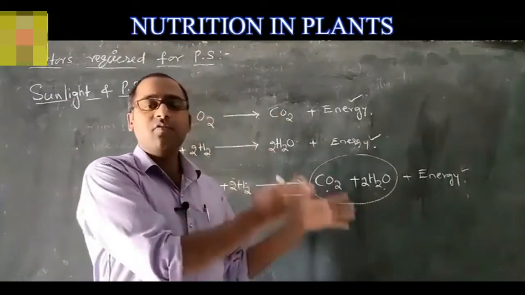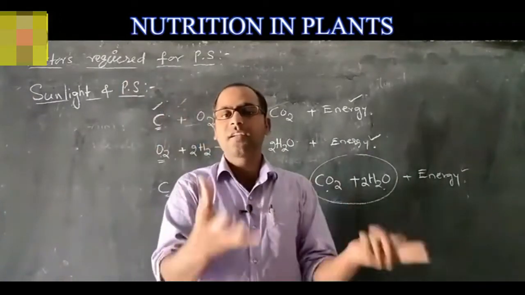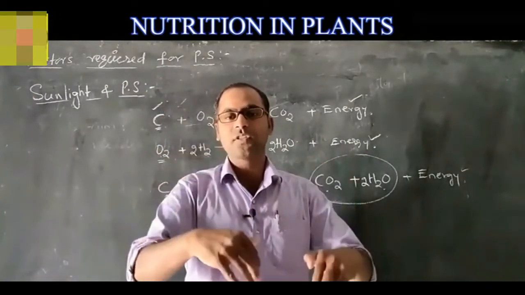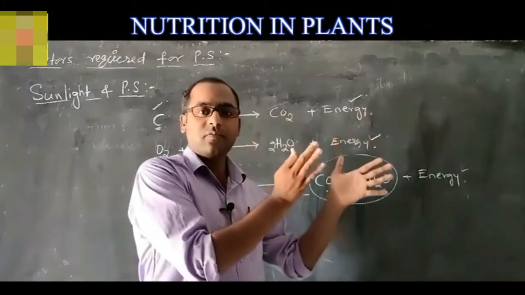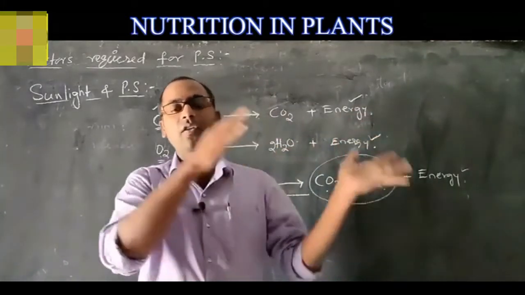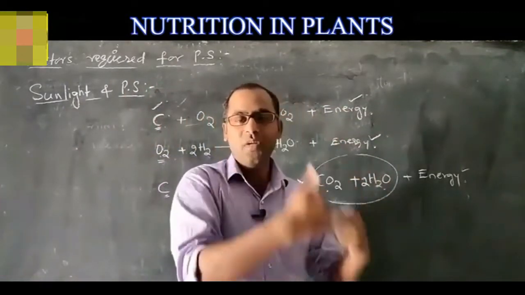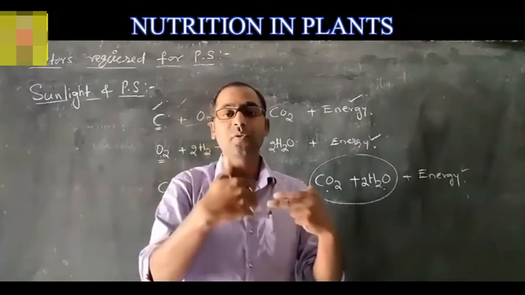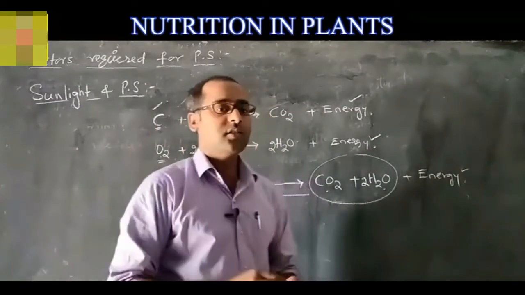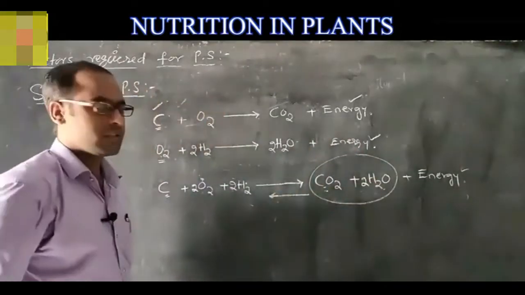And what about the formation of oxygen? In the utilization of oxygen, energy is released. Then what about the reaction in which oxygen is formed? The energy should be utilized in the formation of oxygen, right? So here these two are the starting materials for photosynthesis.